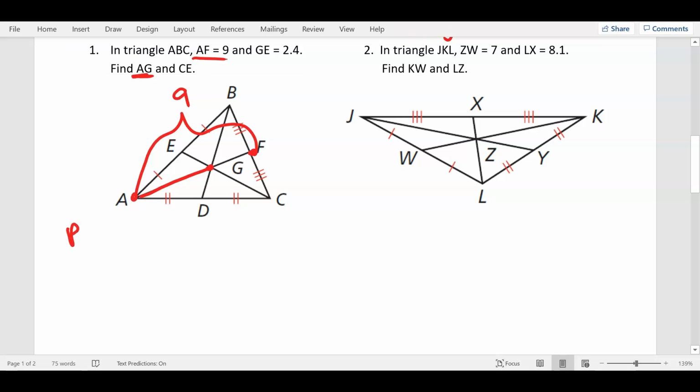Okay, so big equals 2/3 of the whole. And the whole thing we said is 9, so 2/3 times 9.